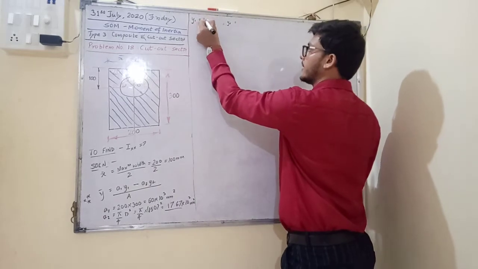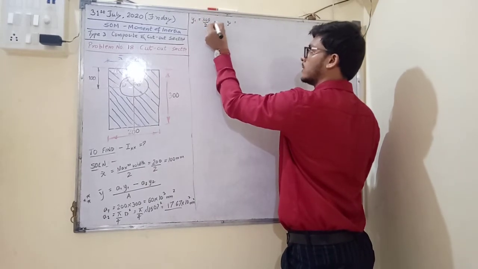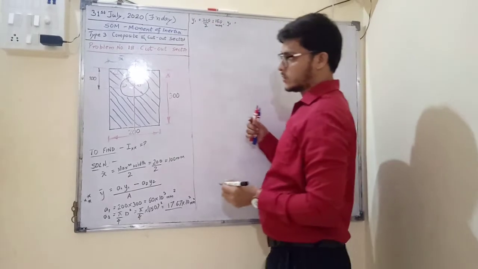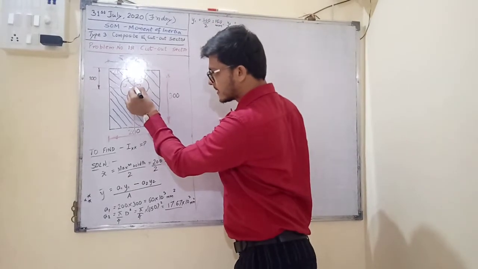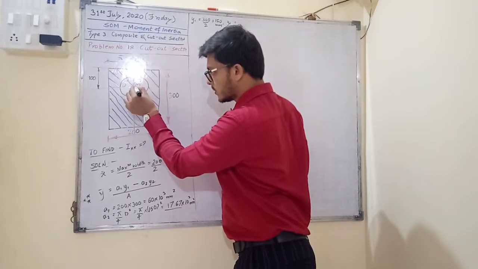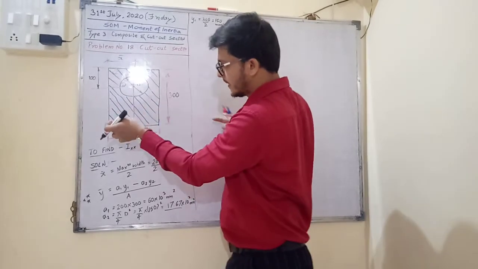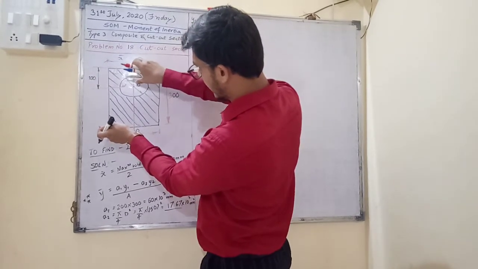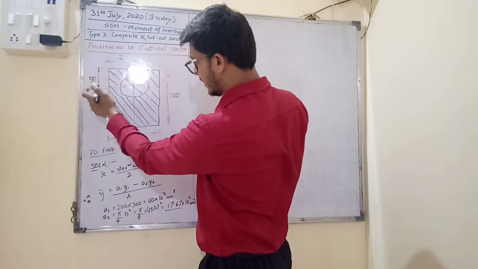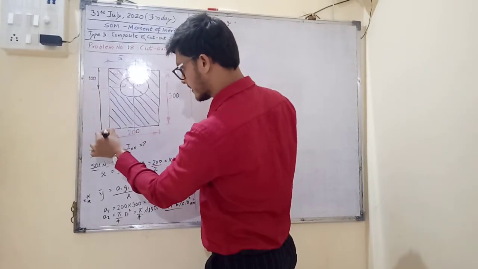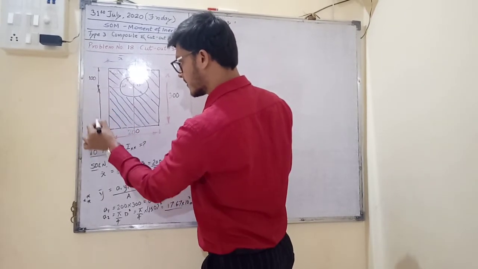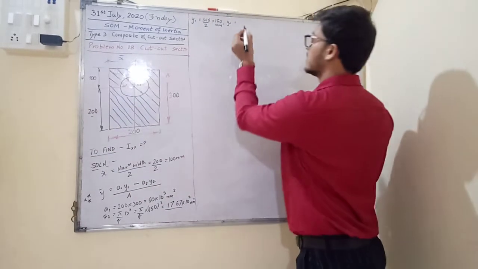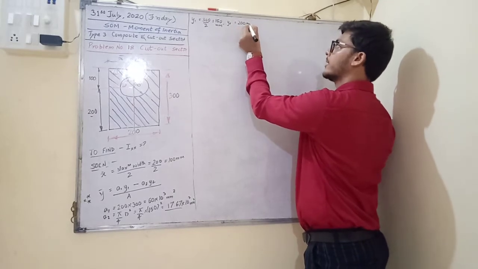So y1 will be 300 by 2, which is 150 millimeter. y2 is the distance of this circle G2 till the bottom. So total is 300, the upper one is 100. 300 minus 100, so this remaining distance will be 200. So from the center to the bottom the distance is 200. So y2 is 200 millimeter.